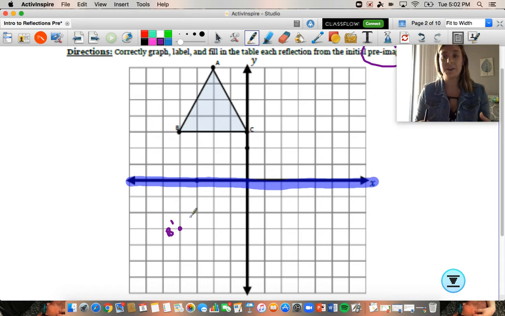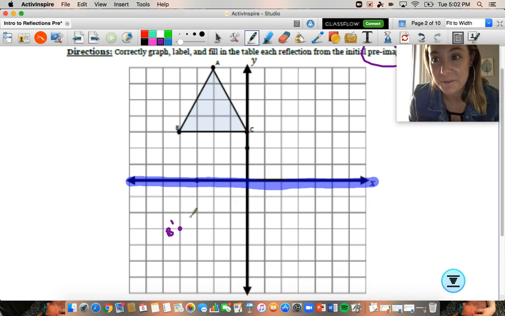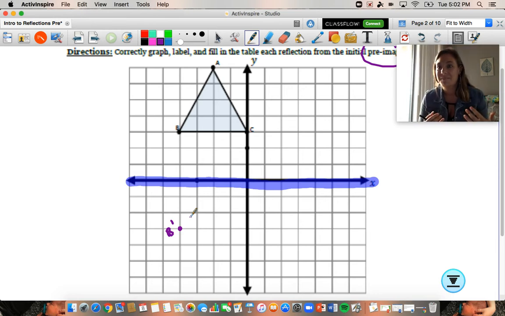Think about if I get really close to the camera versus farther away, what am I like on the other side? If you're looking in a mirror, the closer you get, the closer it is. It's equidistant from that line. This is an amazing connection I'm about to make: if I connect B and B prime, that line that we're reflecting over is actually the perpendicular bisector of that segment.